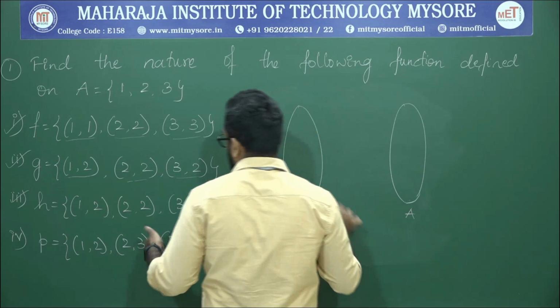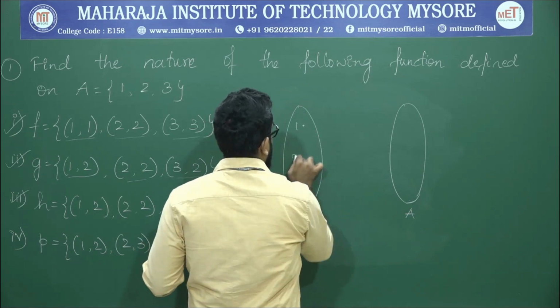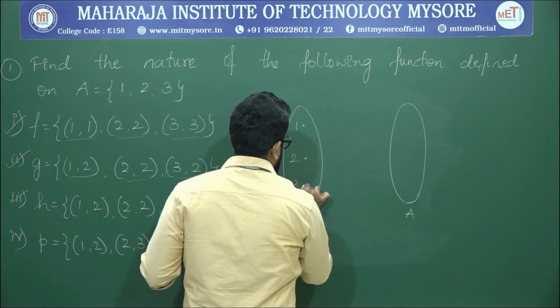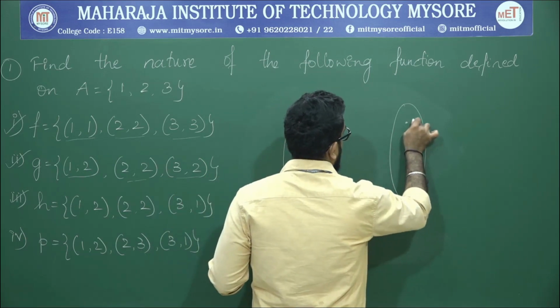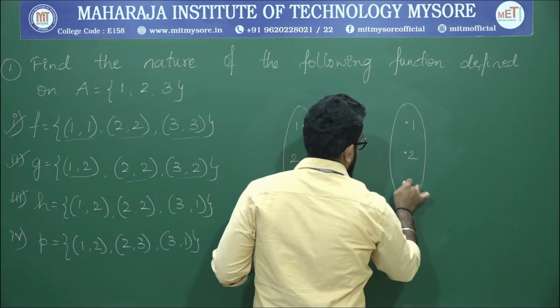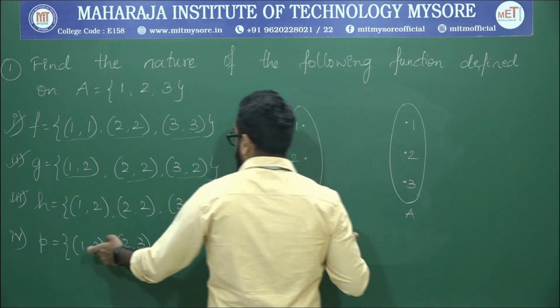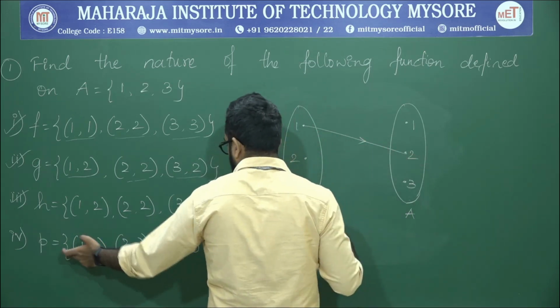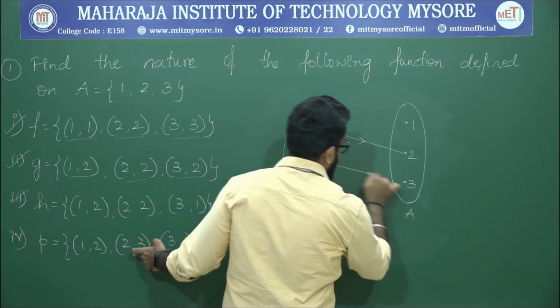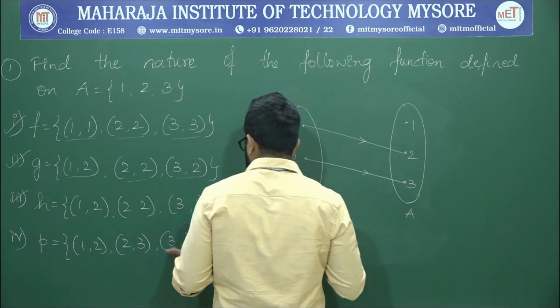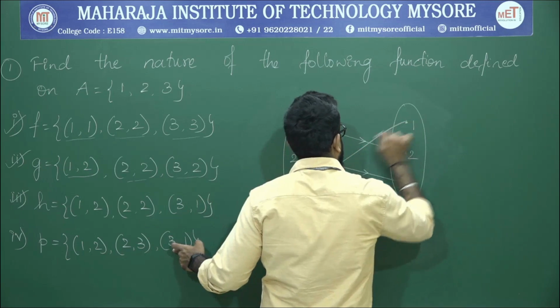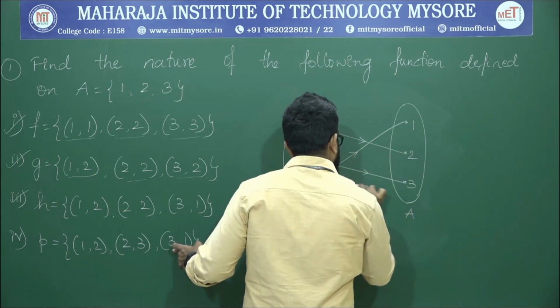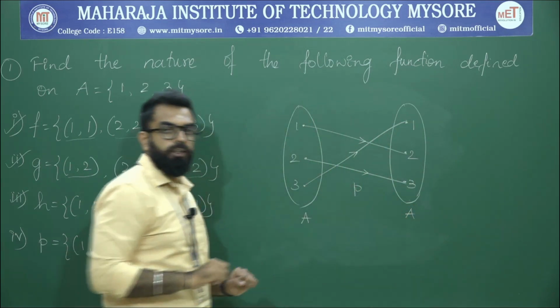But just to make ourselves understand better and to ease the work, we are taking the help of arrow diagrams. 1 is mapped to 2 under the function P. Next 2 is mapped to 3 under the function P, and 3 is mapped to 1 under the function P here.